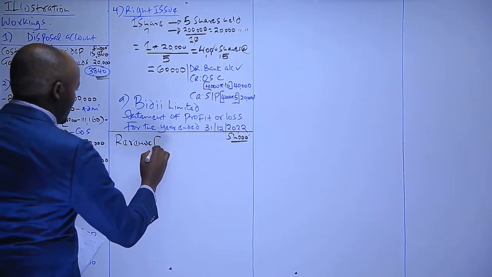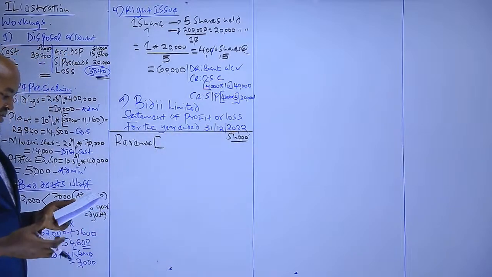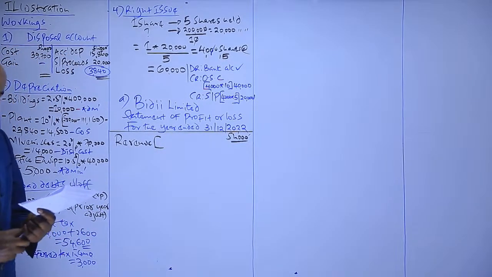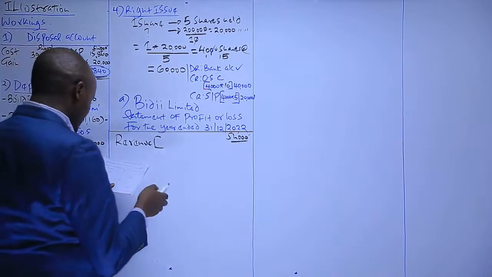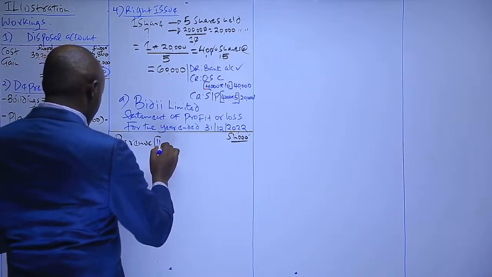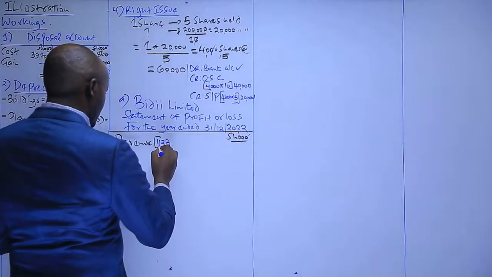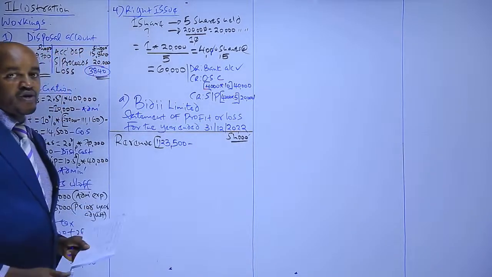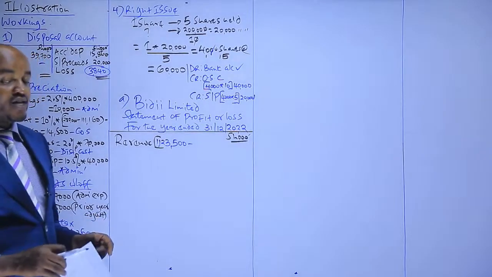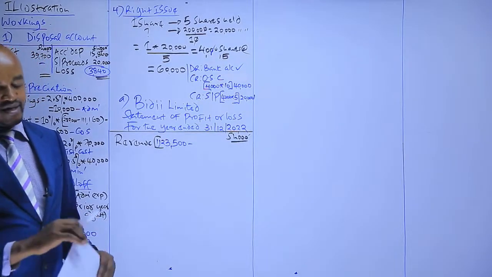The revenue is something which is given in the trial balance. The revenue for this company in the trial balance is given as a figure of 11,23,500. But remember, there is an adjustment which you're going to make as far as note number 1 is concerned.